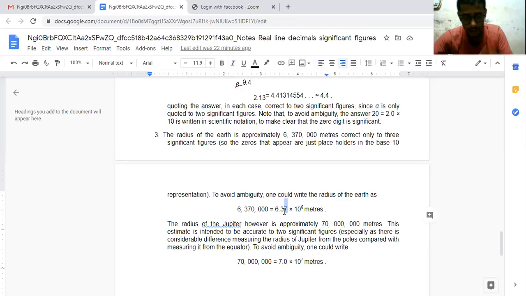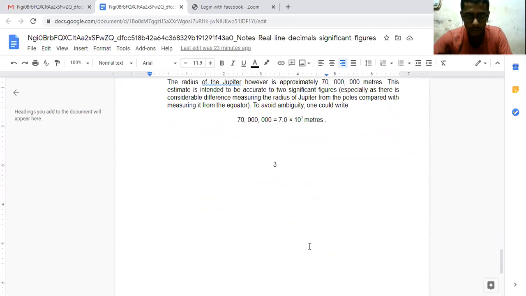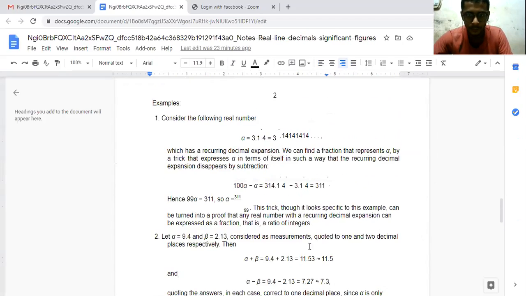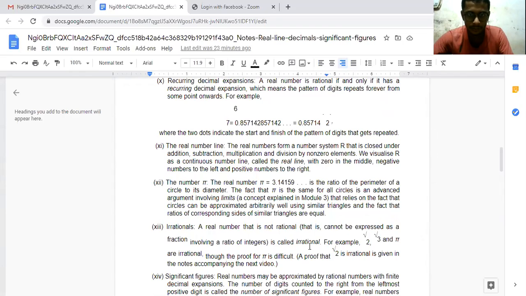If someone says again you have to approximate up to 0 decimals, I'll be taking only 6, not 7. So it would be 6 into 10 to the power 6 meters. I hope you guys understand. I'll be putting this in the description box, that's for sure. And that's the basic thing, that's the whole idea of this video.